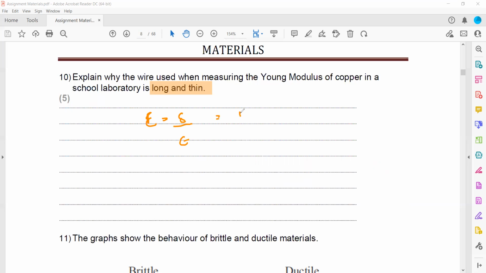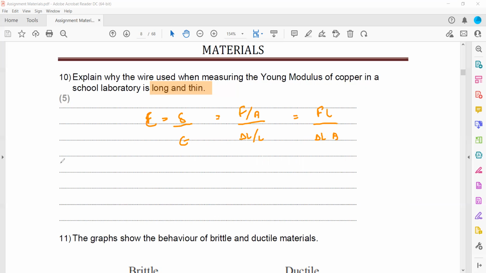Stress is force acting on unit area, and strain is change in length over original length. When we simplify, it will be F L divided by delta L A. So we need a longer wire, and it should be thinner as well.